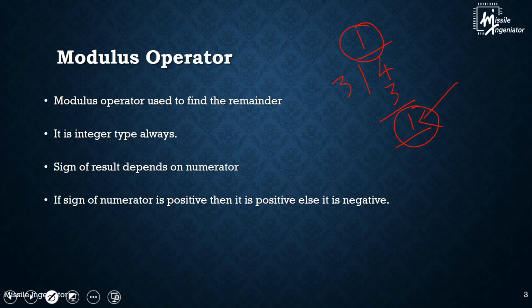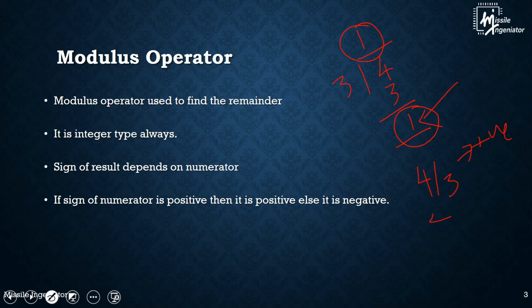The sign also matters here. Actually, the sign depends only on the numerator. It does not depend on the sign of the denominator. So if the numerator is positive, say I divide 4 by 3, then the result will be positive.